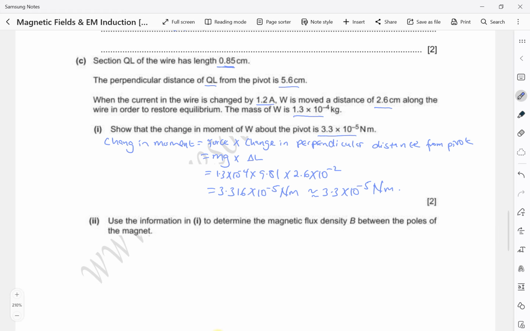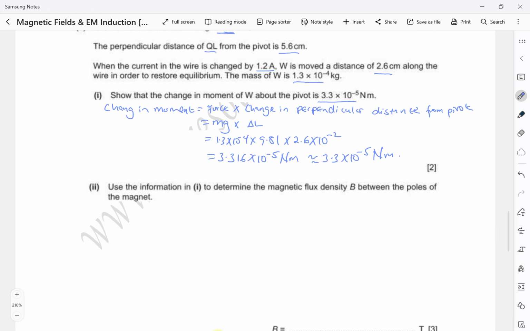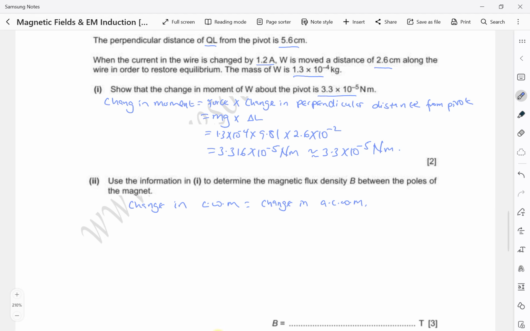And therefore, for equilibrium, the change in clockwise moment should be equal to the change in anti-clockwise moment to be restored.